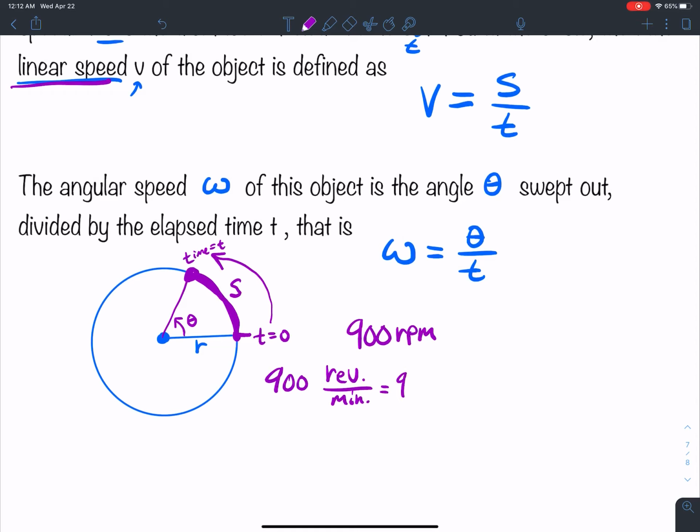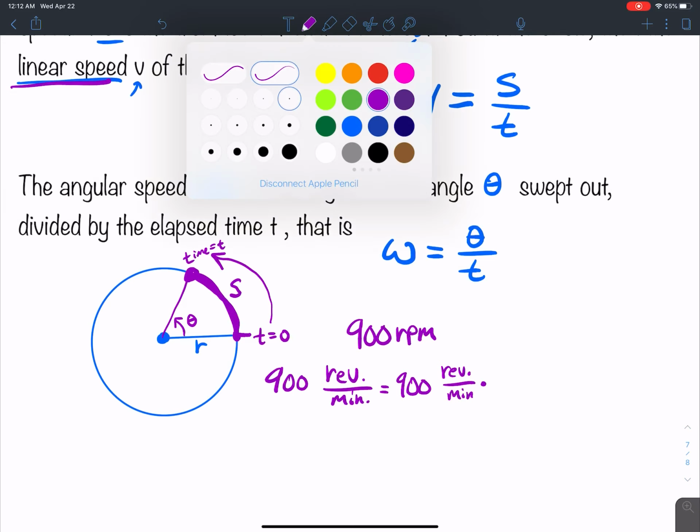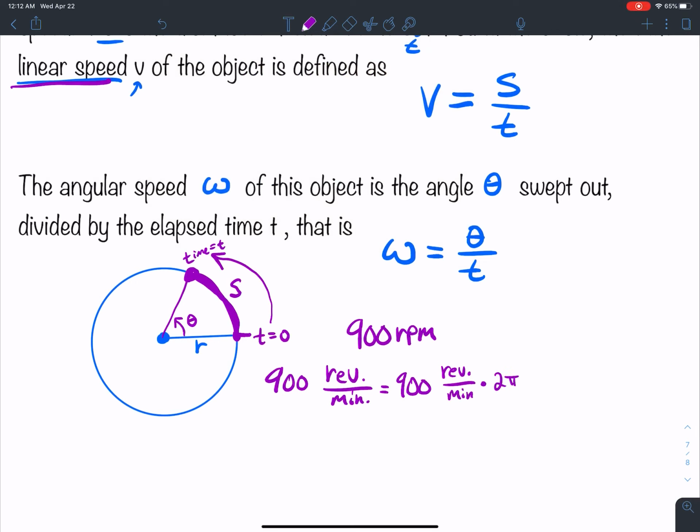That's equal to 900 revolutions per minute multiplied by 2 pi radians over 1 revolution, right? I have to go 2 pi radians to go through 1 revolution.